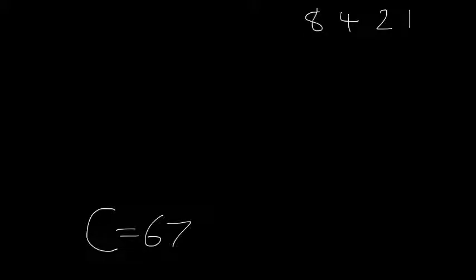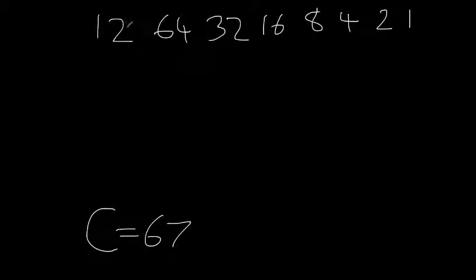So we know the letter C is equal to the decimal number 67. We need to find out what 67 is in binary. So let's draw out our frame again. 1, 2, 4, 8, 16, 32, 64, 128. We need to figure out how to make 67 out of that.